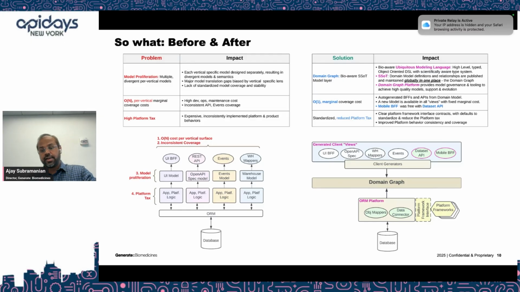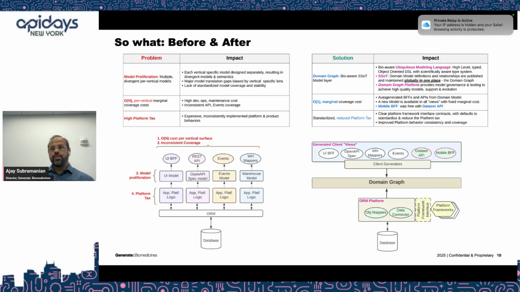The unexpected dividends continued to appear. We had to add a new dataset API as a new vertical in the platform, which was one of the first use cases on top of the new platform. And towards the end of the release cycle, a new use case called mobile backend for front end came up. One of the customers needed a mobile client, and it was unclear what kinds of coverage they might need.